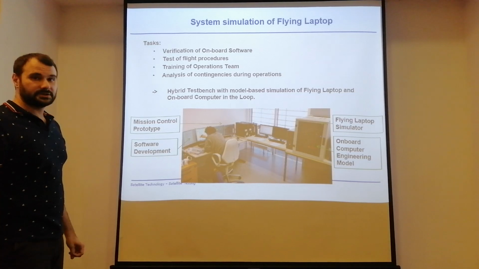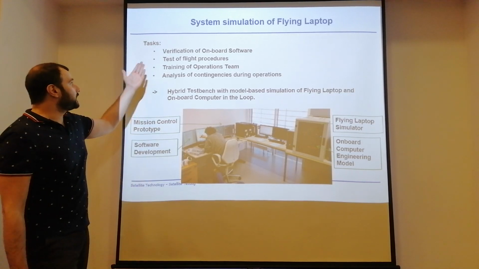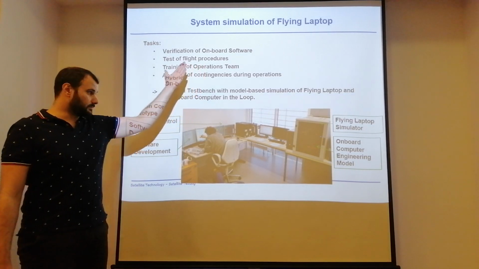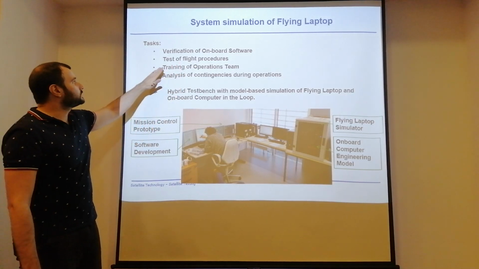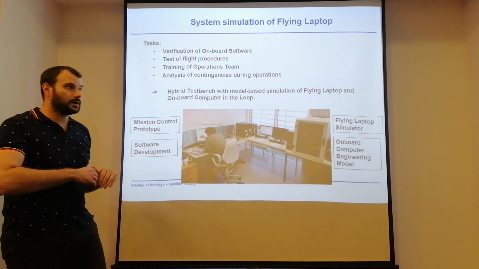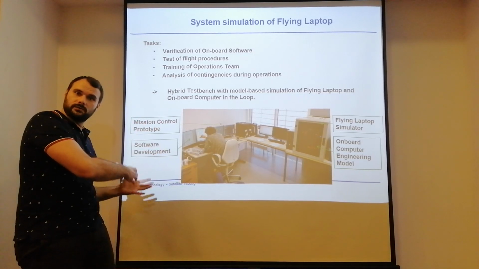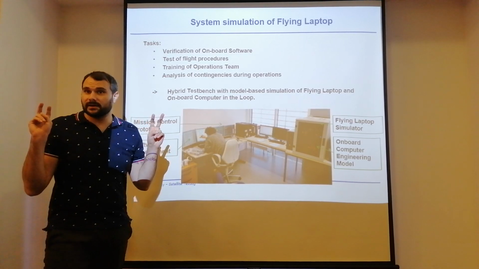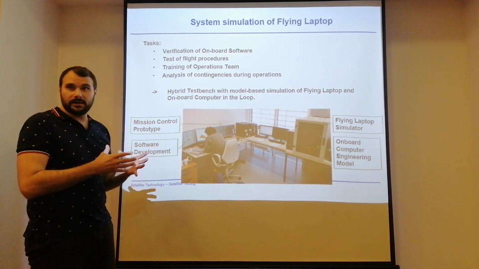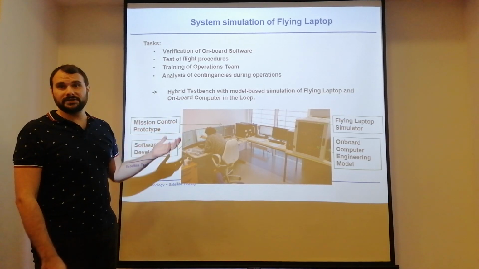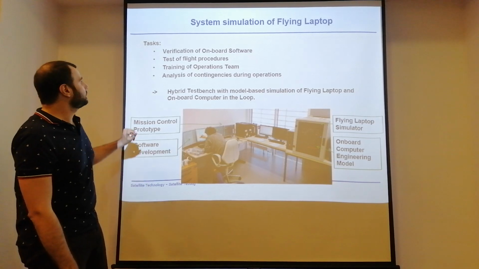This system simulation is used to verify the onboard software, most importantly, but also to test flight procedures. So you not only want to be sure that your onboard software works, you can also use your already working satellite as a training for your operations team, to control your satellite.